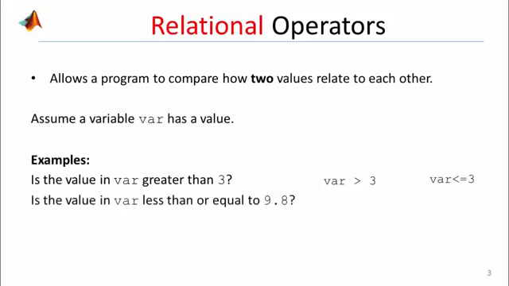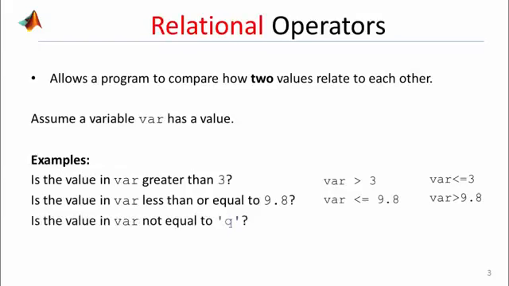Is the value in var less than or equal to 9.8? In this case, we can again look at it two different ways. But this also works for letters. Is the value in var not equal to q? In that case, var should be a char data type. Maybe you're asking the user to enter a q in order to quit, and you do need to check if it's not equal to q in order to continue. Var not equal to q.